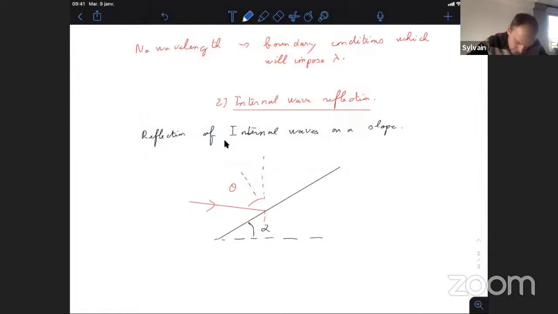If you are in optics, you would want the Snell-Descartes relation, but this is not the right one. The reflection is different from the classical reflection. What is constant, what is conserved, is the angle theta.